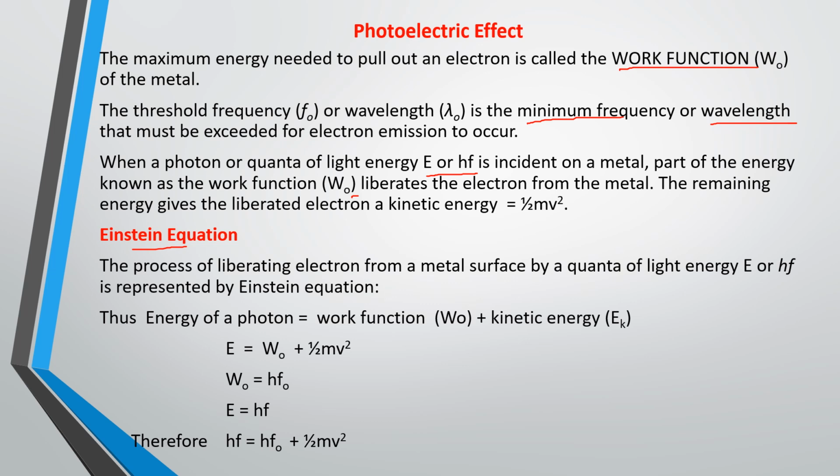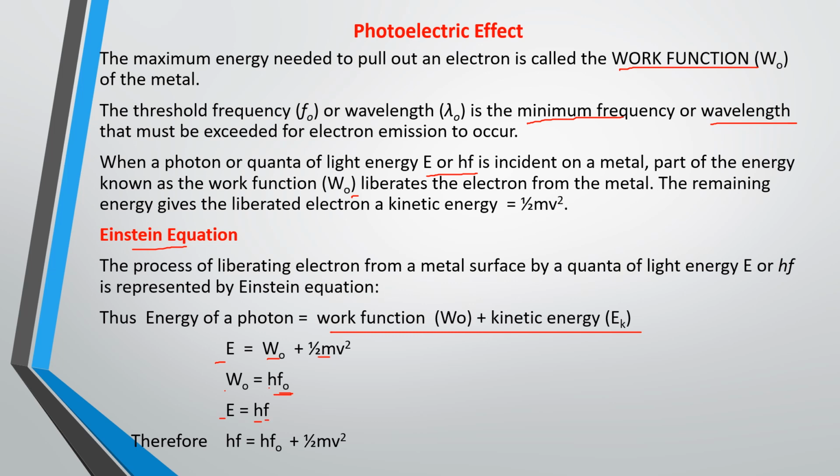So this is what I'm talking about: the energy of the photon is equal to the work function plus the kinetic energy, as E = E0 + 1/2 mv². Remember that the work function of the emitted electron is equal to the Planck constant times the threshold frequency, while the energy is equal to the Planck constant times the frequency.